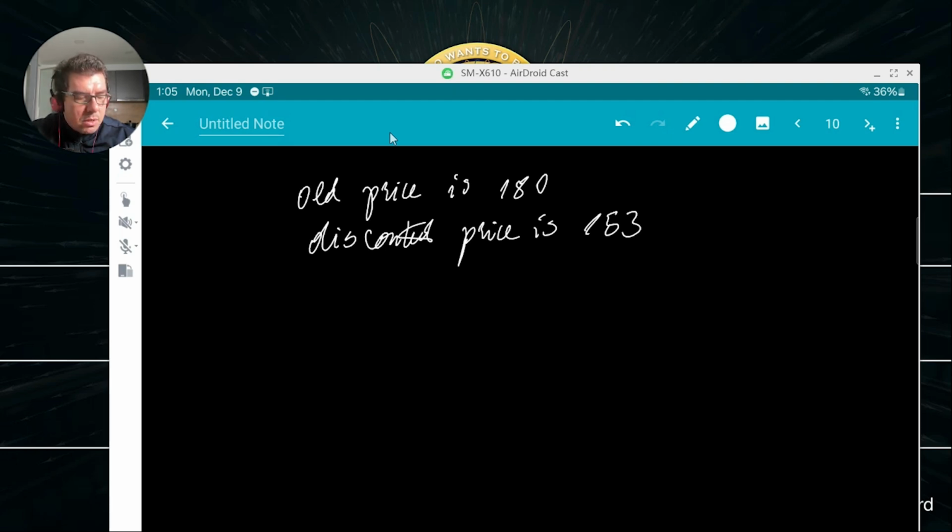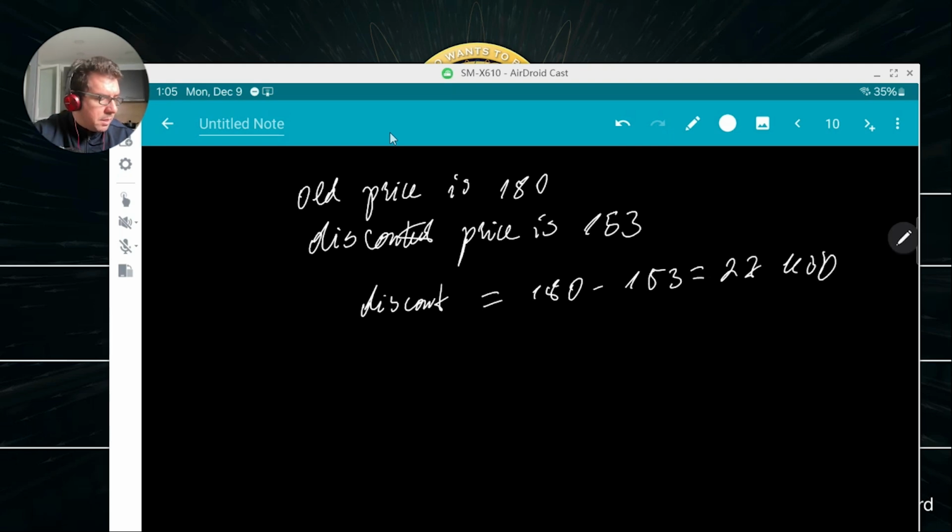How much we subtracted from the old price to get to the new price. That's the discount. So discount equals 180 minus 153. So this will be 27, right? USD. And now we just need to figure out what percent is the discount of the original price.